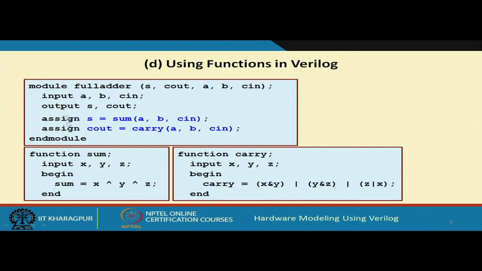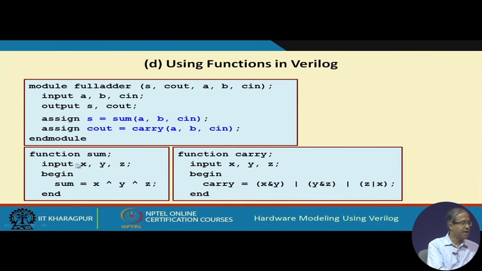This is a restriction of functions in Verilog. So, let us say here we are trying to write a module for a full adder just using an assign statement, but instead of directly writing down the expression, we are calling two functions, sum and carry. These two functions we have written separately. The function syntax is like this: function followed by the name, sum is the name.